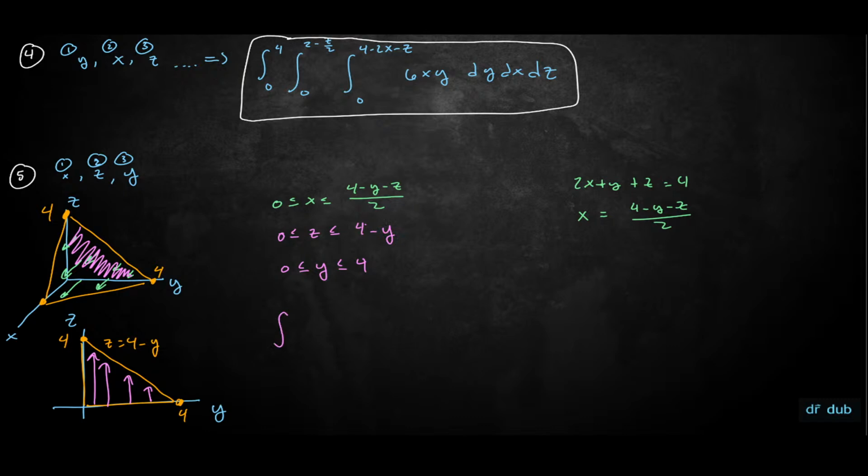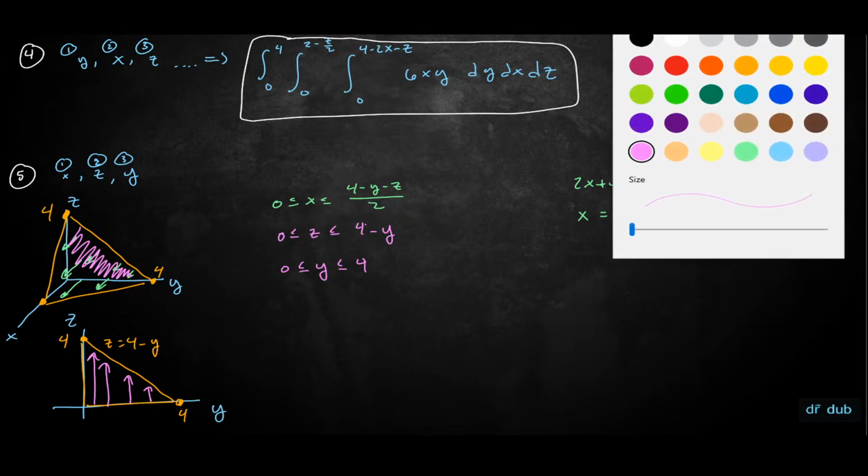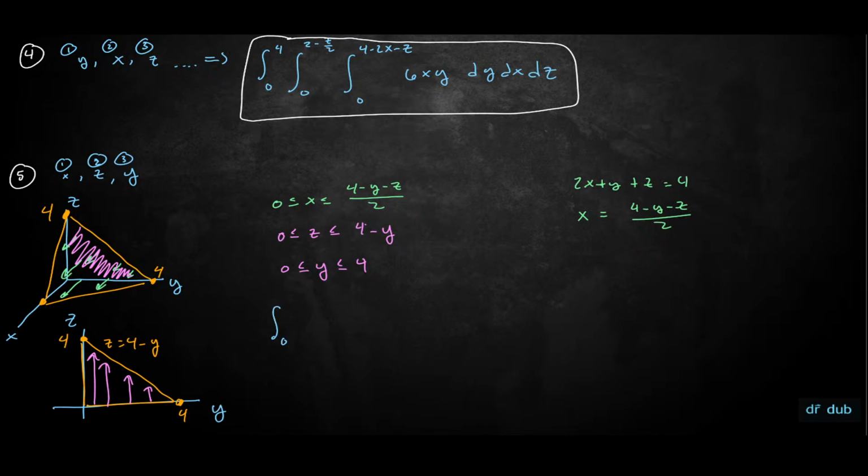And we get the integral from 0 to 4 for y, integral 0 to 4 minus y, integral 0 to 4 minus y minus z all over 2, 6xy dx dz dy.